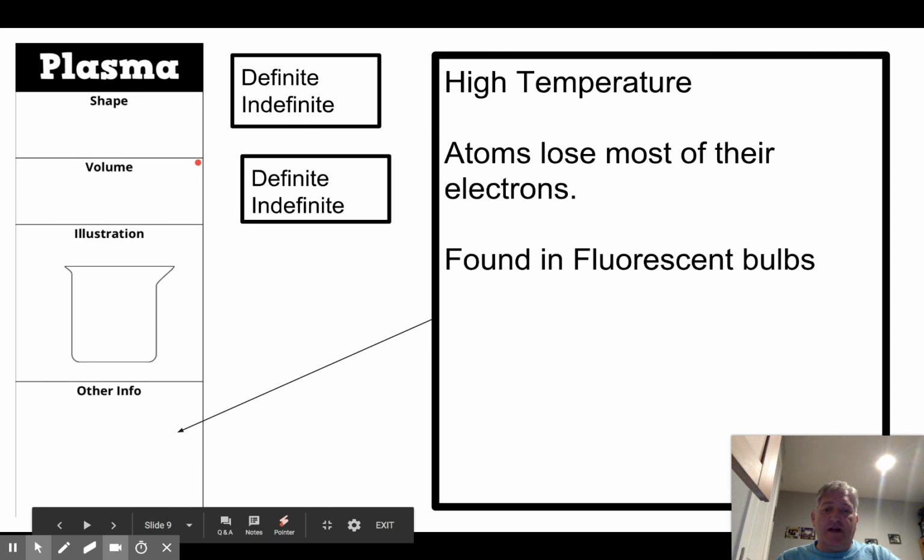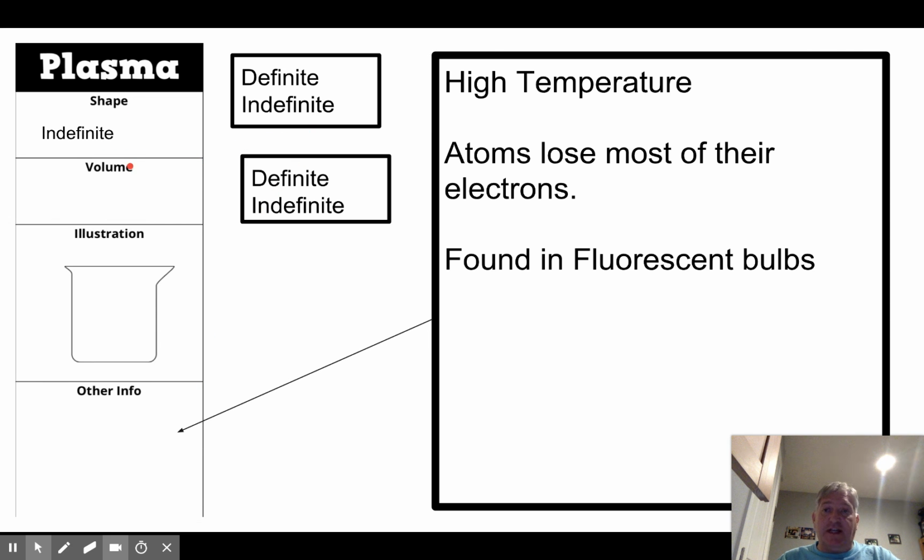Plasma doesn't have a definite shape or a definite volume. It's at a high temperature, and the atoms lose their electrons. It's what you find in the lights above us in the classroom. Those are fluorescent bulbs, a gas that's being held at a very high temperature. And if you remember, as the energy increases, that changes the states of matter.